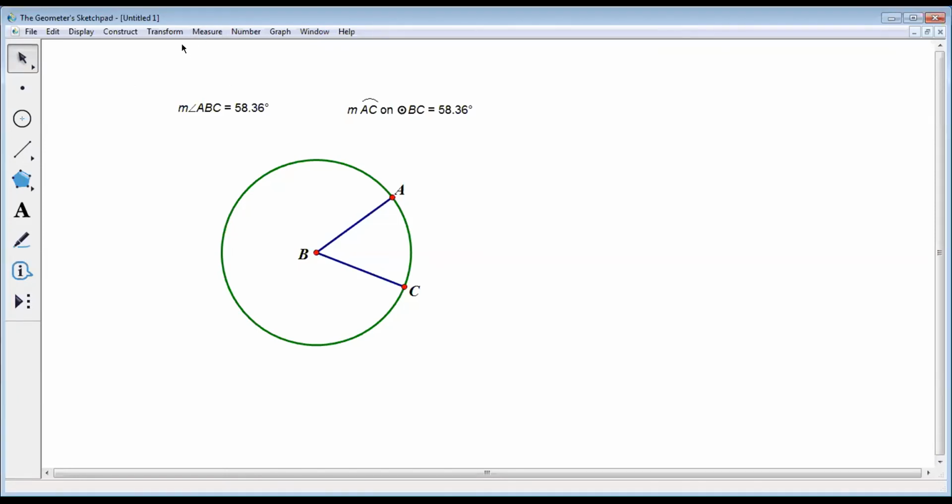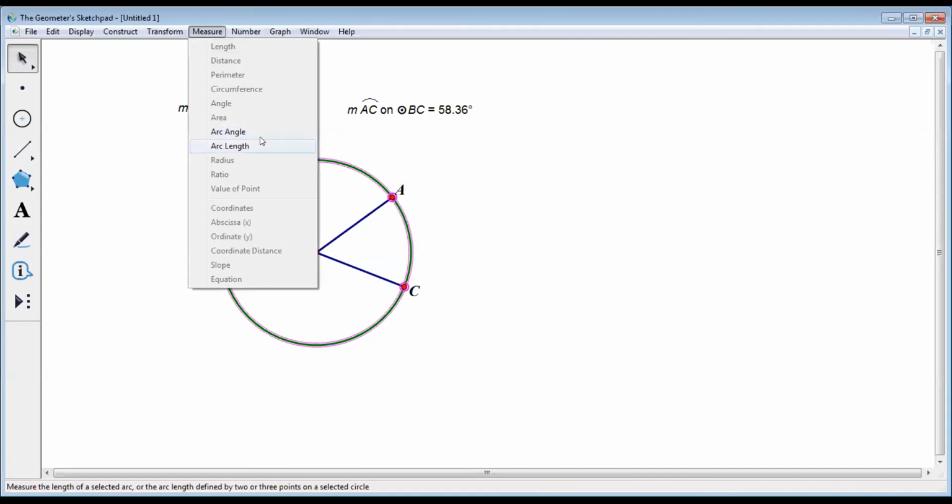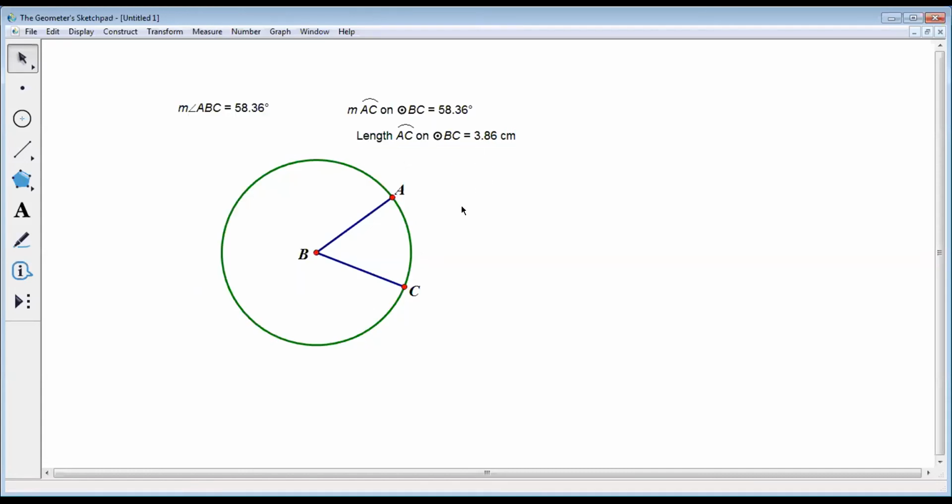All right, so if I want to find the arc length of AC in this diagram, I can measure AC like that and measure the arc length. So the arc length here is 3.86 centimeters. And you can see as I adjust it, just like what we were talking about before, it's always going to measure the minor arc.